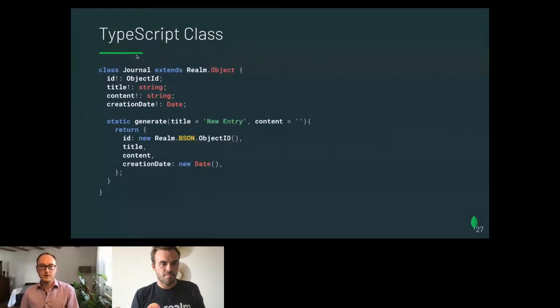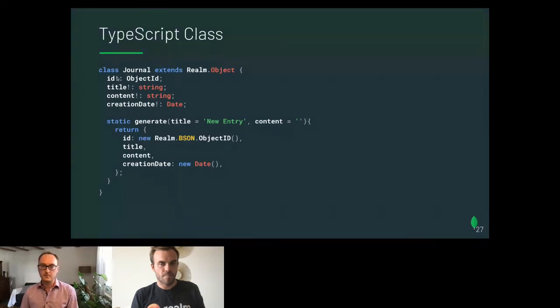We also have a bit of TypeScript support. So here's an example of how you would define a class using this syntax to make sure that you have that TypeScript support, and whatever you get back from your Realm queries is going to be properly typed.